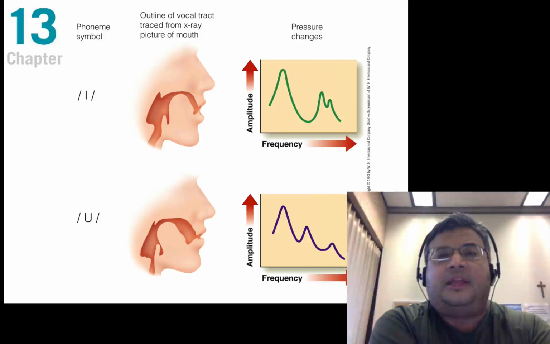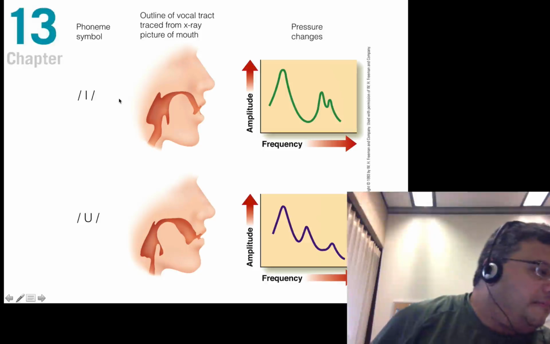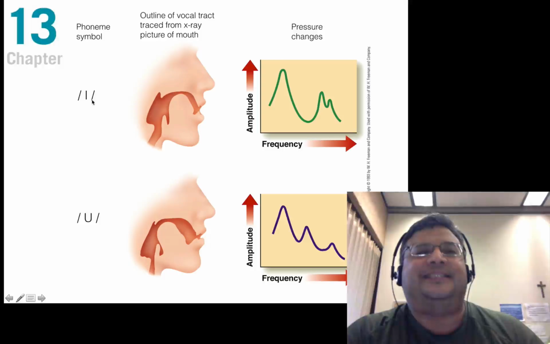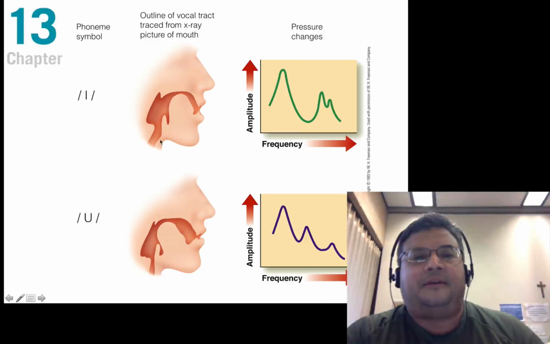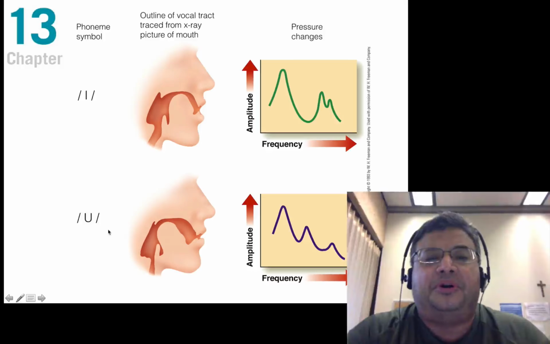Here, for example, is the vocal tract pronouncing the letter I, as in zip. Zip. And this right here is the U as in put. Put and zip. I, oo.